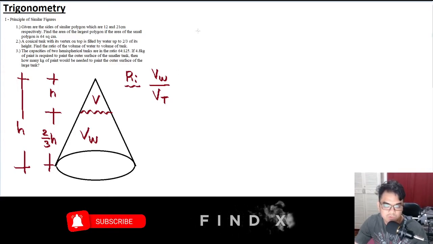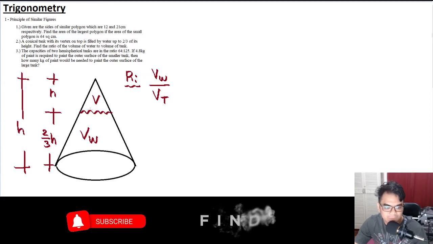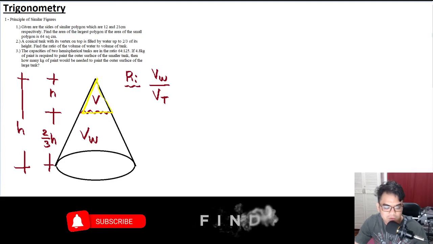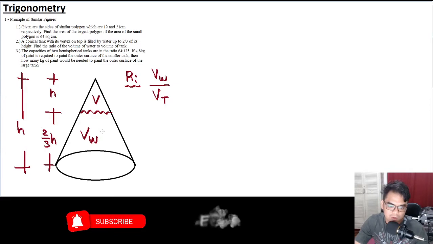So the ratio of those two. But as you can see, the volume of water is not a triangle. That's actually a trapezoid. But this one is a triangle, so we can use similar triangles on that, but we cannot use similar triangles with the VW.